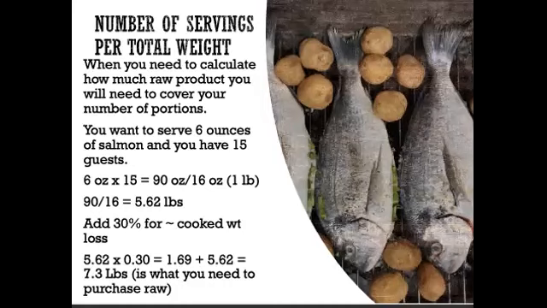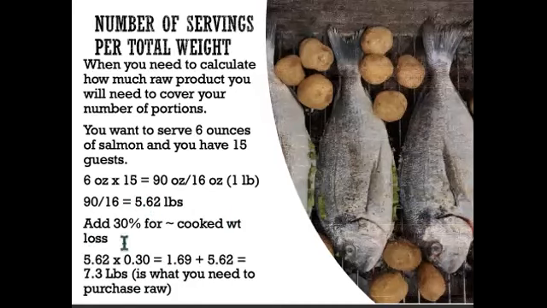So about 30% generally, as a rule of thumb, is what is lost in the cooking process. So you might want to add 30% to what you're calculating as the amount of raw product that you need.